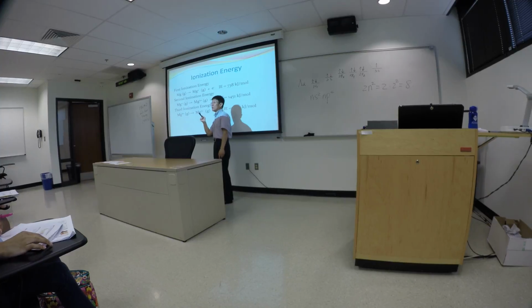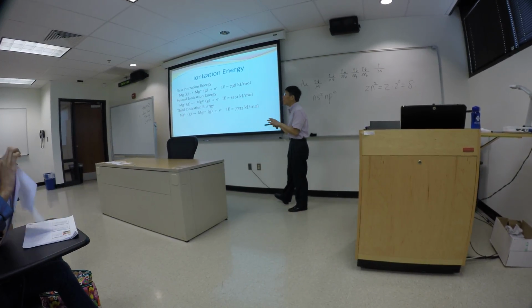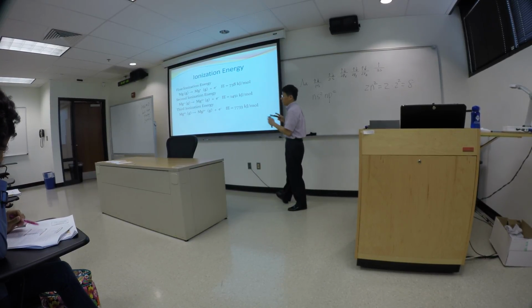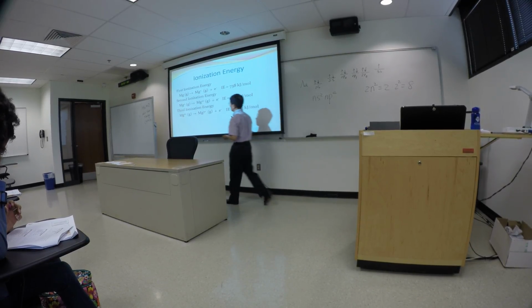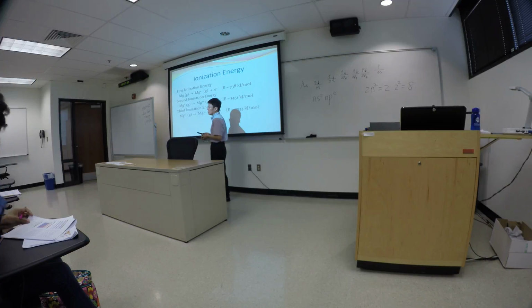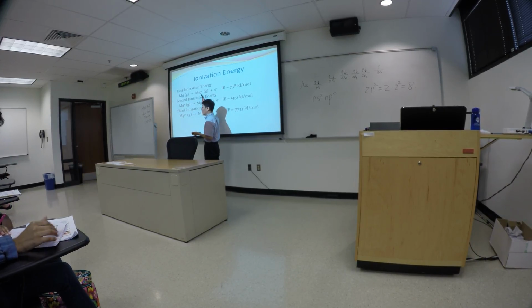Remember, in general, ionization energy is the energy required to remove an electron from atoms of an element. If you start with the atom of an element in the ground state, with an equal number of protons and electrons, the energy required to remove the first electron is called the first ionization energy. So you go from magnesium to magnesium 1+.